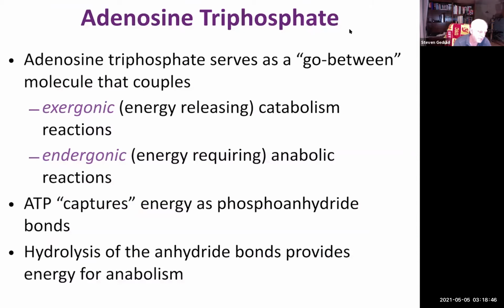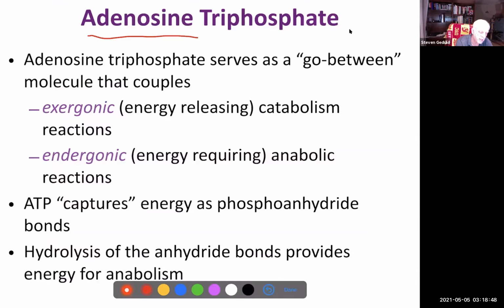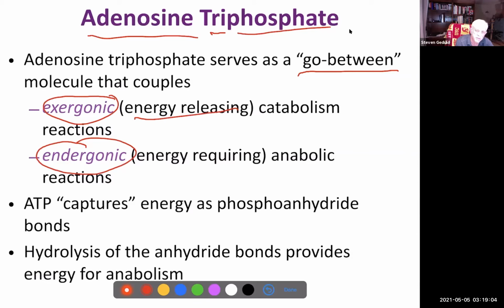ATP is adenosine triphosphate, 3 phosphate groups. It serves as a go-between molecule that couples exergonic and endergonic reactions. Exergonic reactions release energy: when you break things down, energy is released. Endergonic reactions are energy requiring.